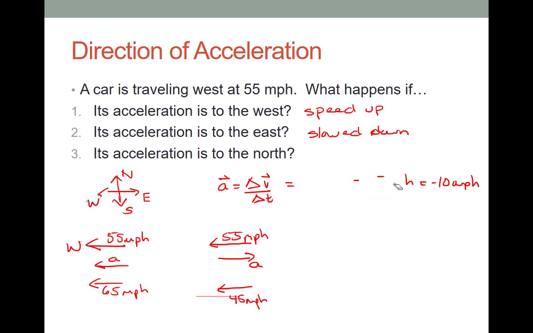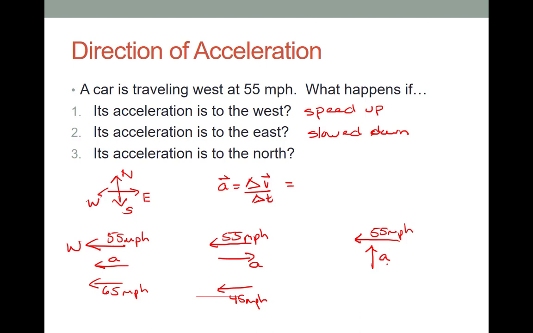Okay. This last one you can't see as easily by just plugging in numbers. But if the velocity is to the west and the acceleration is to the north, what's that going to do? Well, it's going to cause the velocity to have a piece to it that now points to the north.